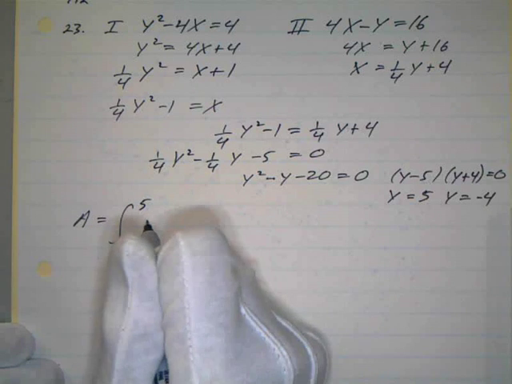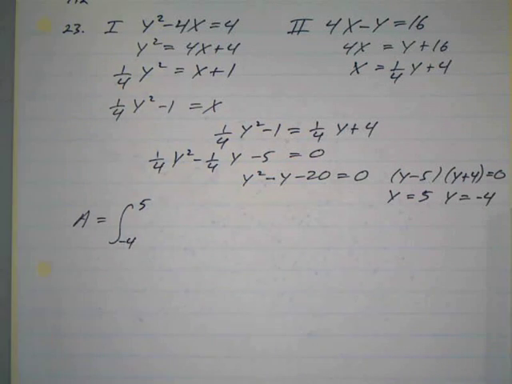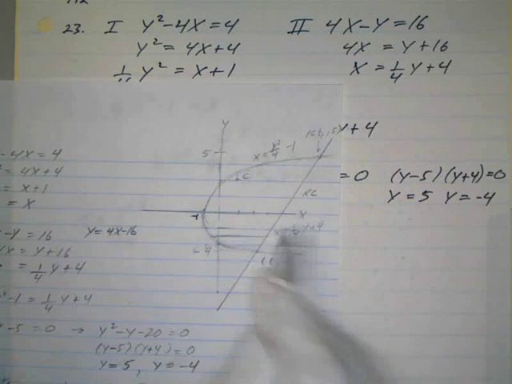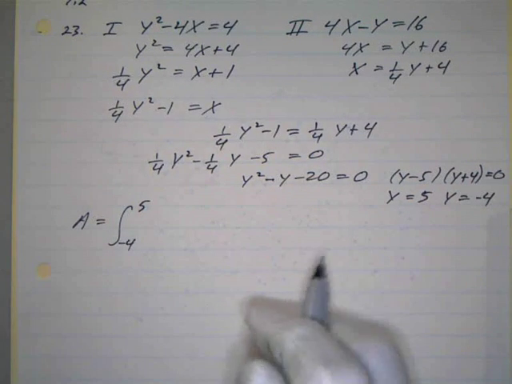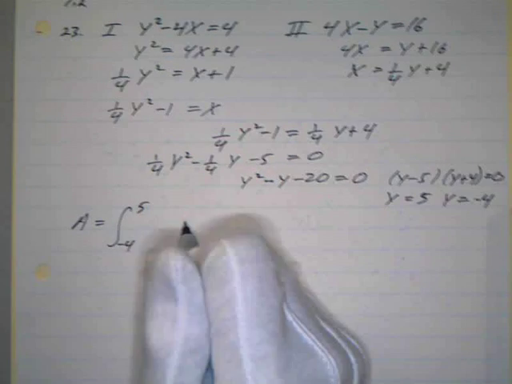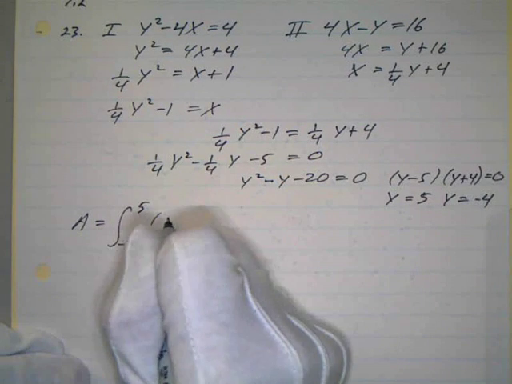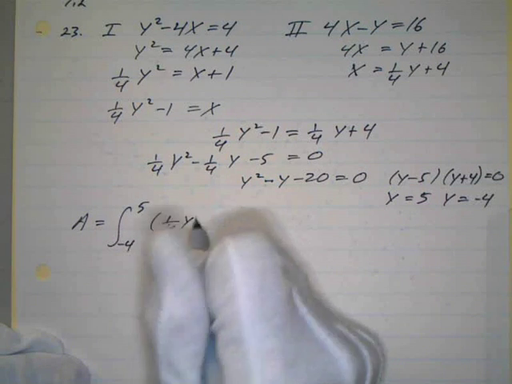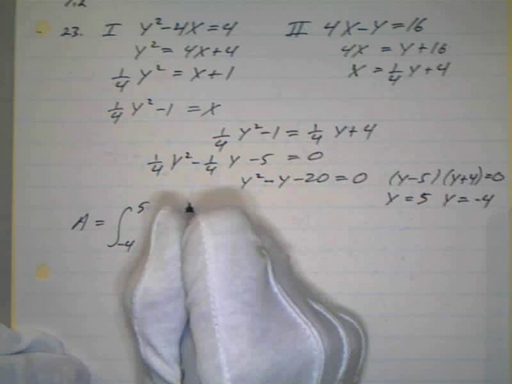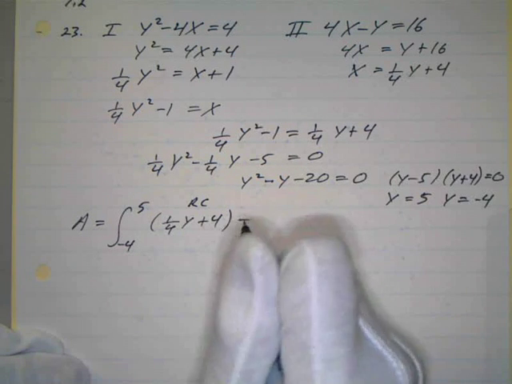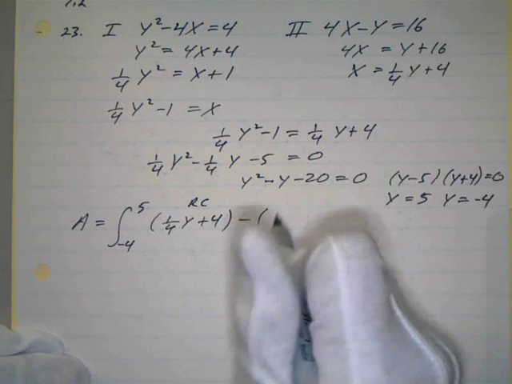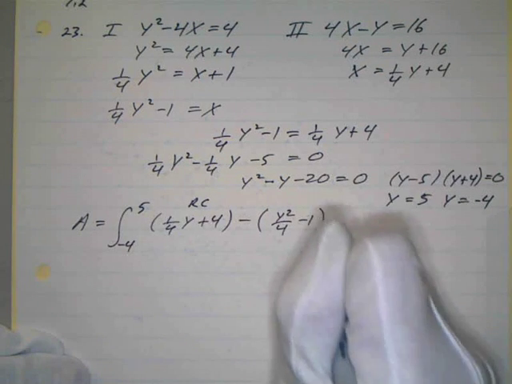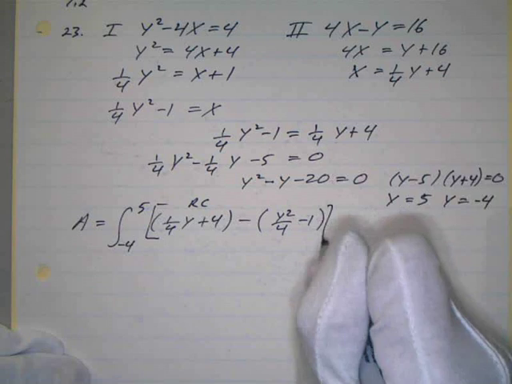And then my right curve was a line. Remember, this is my right curve here. My left curve was a parabola. So the line was 1/4 y plus 4, and that's your right curve, minus the left curve, which was the parabola, y squared over 4 minus 1, and that's all with respect to y, dy.